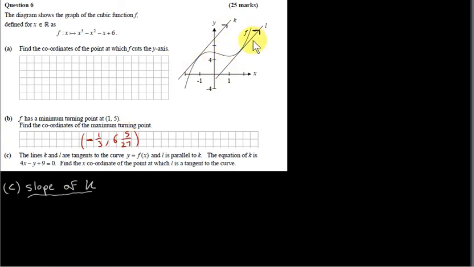Since K and L are parallel, let's look at the slope of K. The slope of K will be the same as the slope of L. So that will give us some information about L. How do we get the slope of K? Well, K has equation 4x minus y plus 9 equals 0. So to find its slope, we rearrange it in the form y equals mx plus c. We make y the subject.